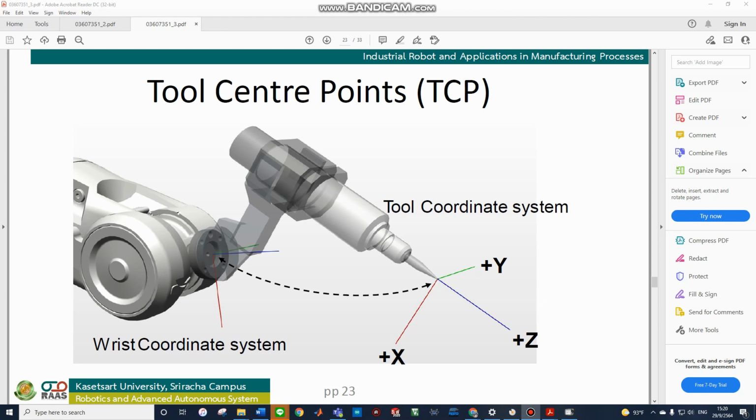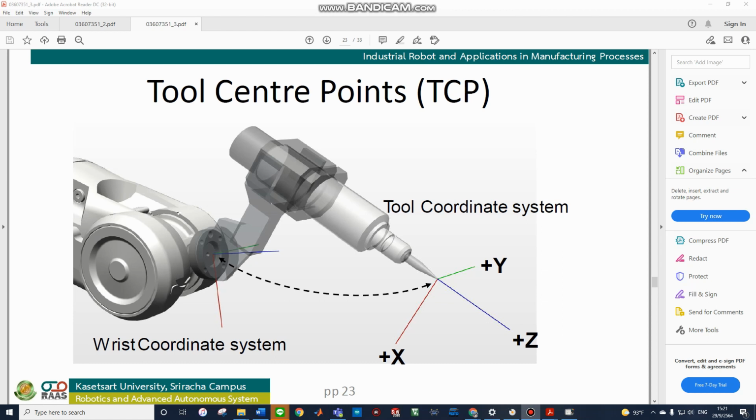TCP is defined somewhere at the end of the tool. Many TCPs may be defined but only one active at any one time. It can be programmed manually, but only if accurate TCP values are known.